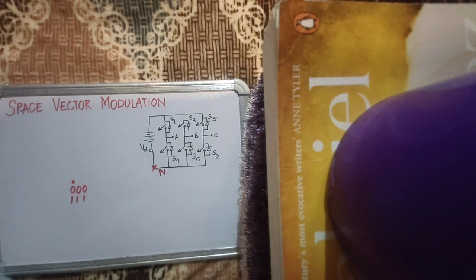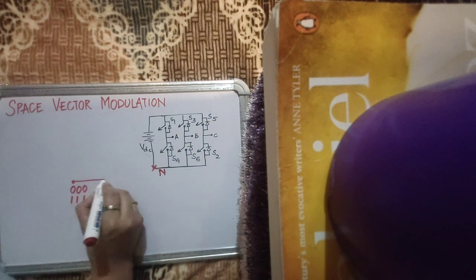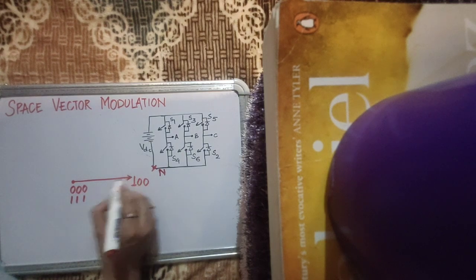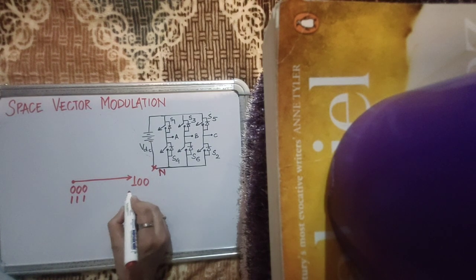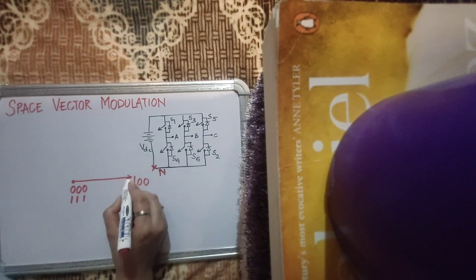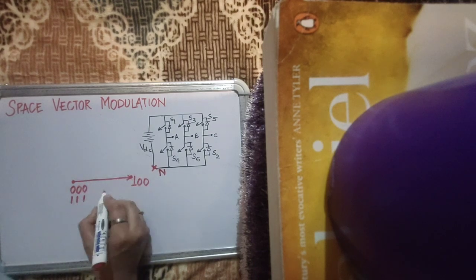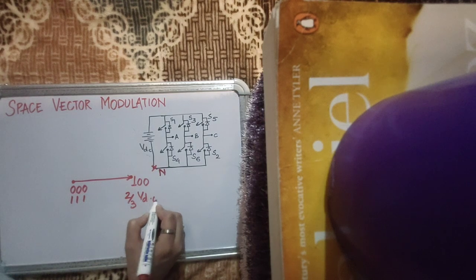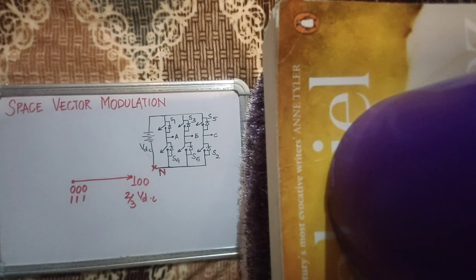And that is why these two states for the converter are known as the 0 states, because they give you 0 voltage at the output. They give you a 0 position of the space vector. Then the state 1, 0, 0 gives you a length of 2/3 VDC, so this length is 2/3 VDC, and it gives you an angle of 0 degrees.